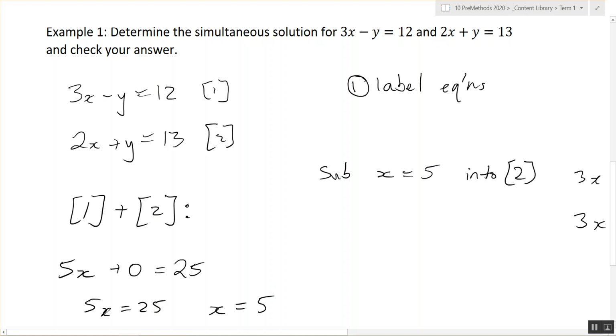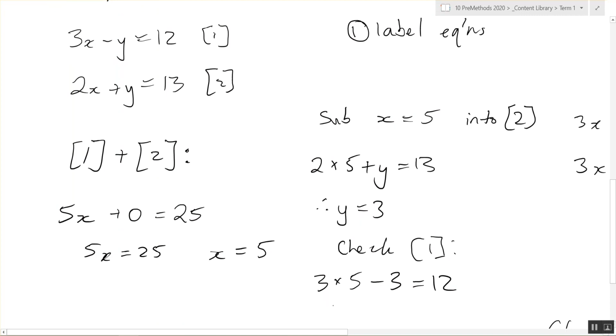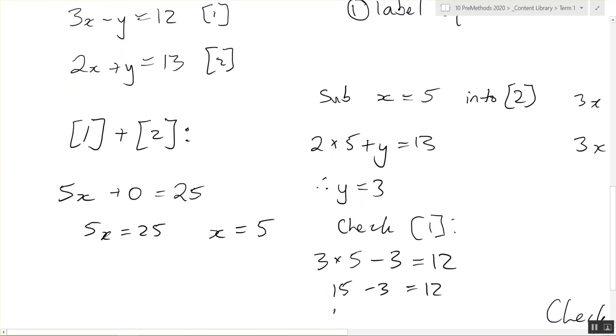Number 2, 2 times 5, y equals 3. Check. I'll check with number 1. 3 times 5 minus 3 equals 12. 15 minus 3. Left-hand side equals right-hand side.